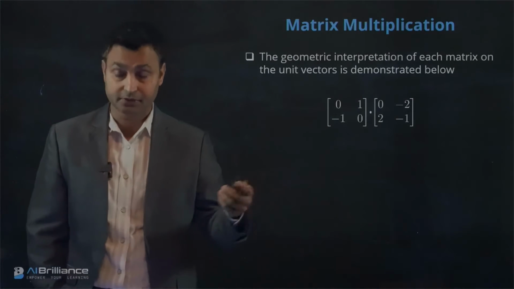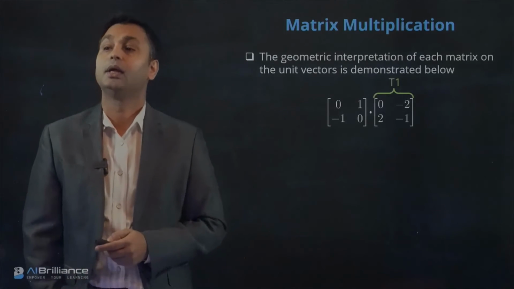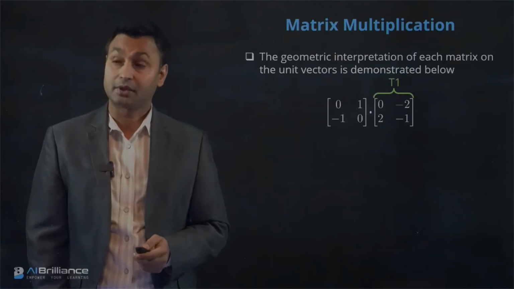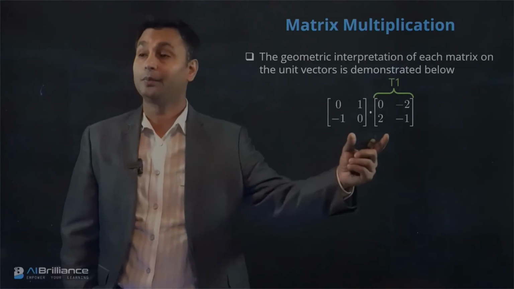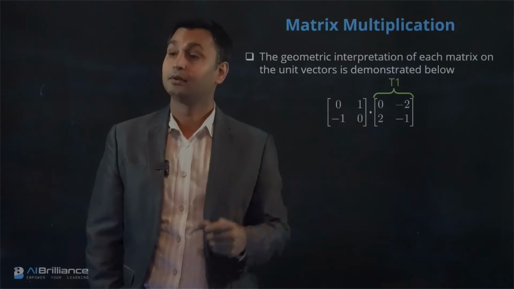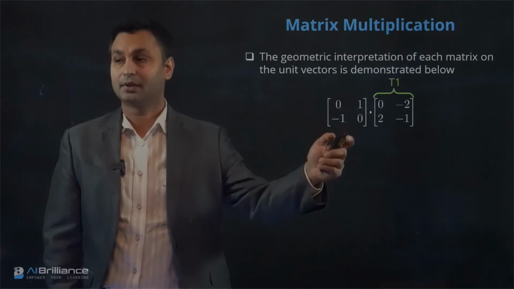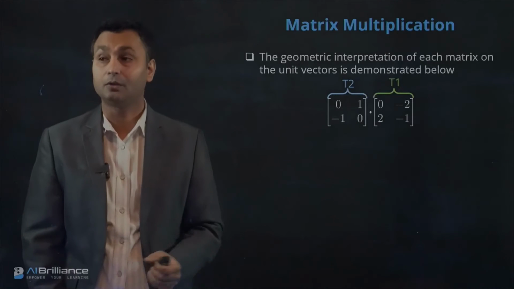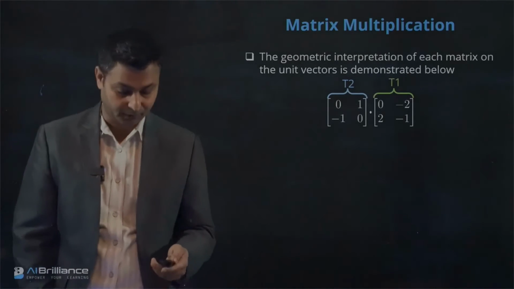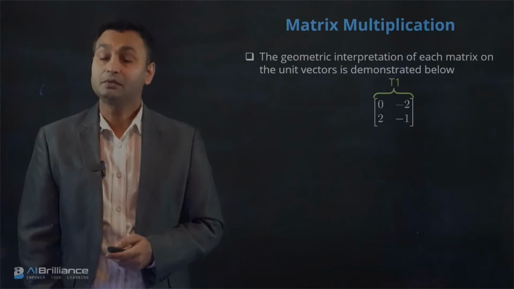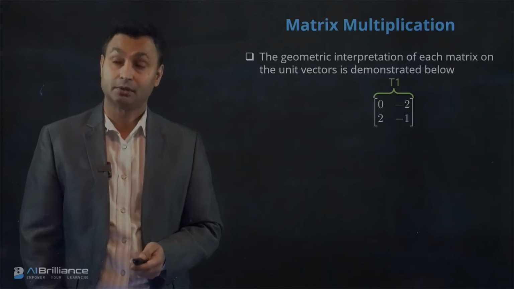So let's say we take the same example that we are taking, right? This is the first transformation that will be carried out by the matrix on the right hand side, and then we will have a second transformation which will be carried out by the matrix on the left hand side. Okay, and so let's focus on what this first transformation is doing, right?